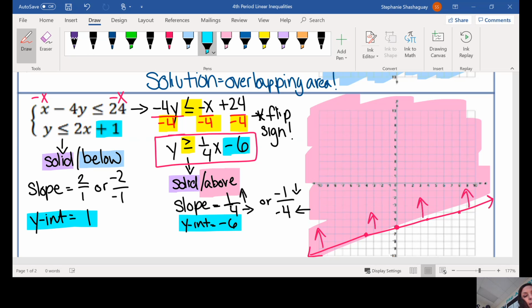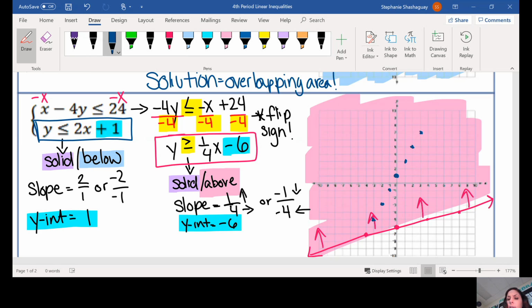So I'm going to graph that line. I'm going to graph it in blue for this linear inequality. So I'm going to start at my y-intercept of 1. And my slope, +2 over 1, so up 2 over 1, up 2 over 1. I can also go down 2 and to the left 1, down 2 and to the left 1.